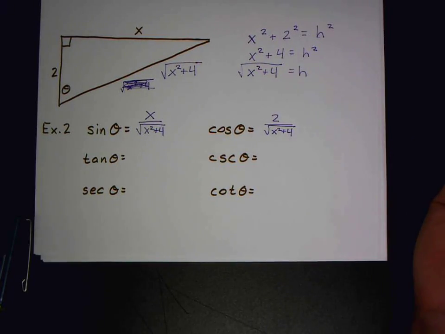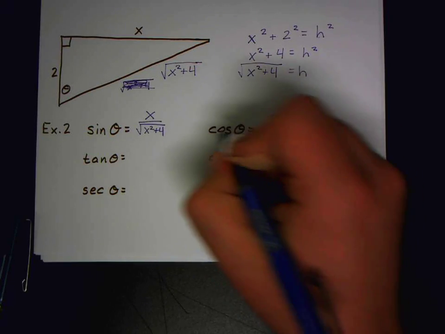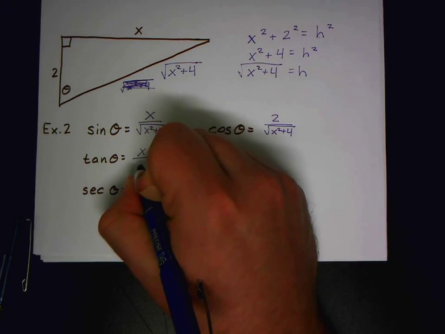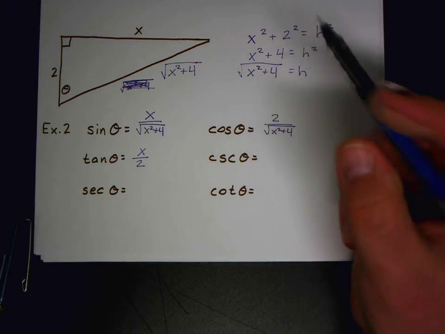So see, the real difficulty with this was just doing the Pythagorean theorem. Once you have your sides, you just have to use your definition of your trig to put them in the right places. So tangent is still just opposite over adjacent. So tangent is just going to be x over 2. Cosecant is hypotenuse over opposite.